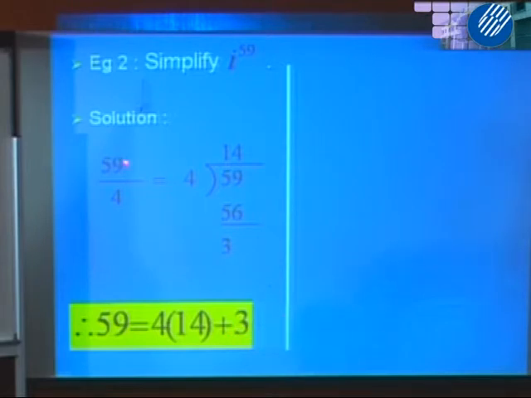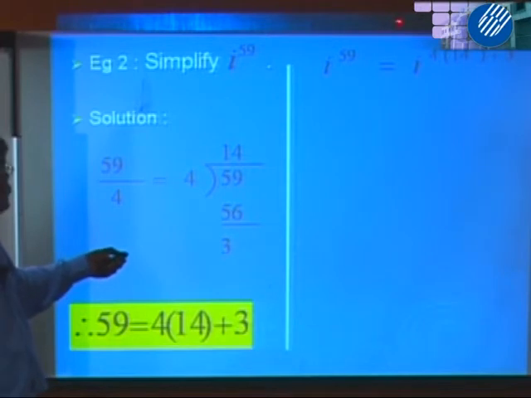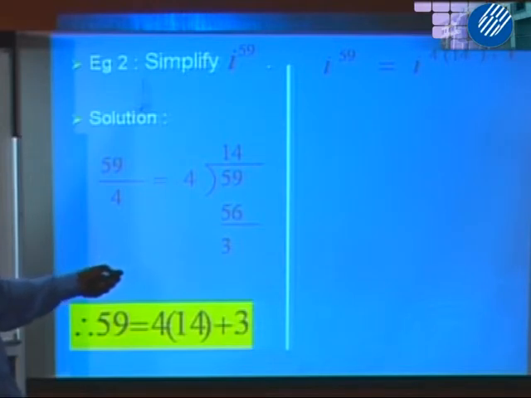Therefore, if 59 can be written in this format, we can say i power 59 is equivalent to i power 4 times 14 plus 3. So we can summarize this using the power format as i power 4 power 14 times i power 3.